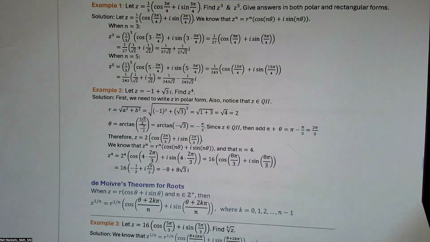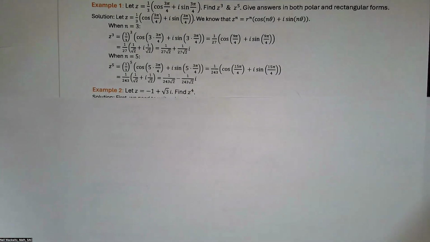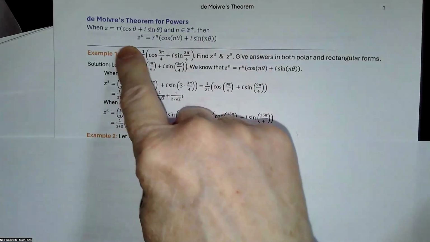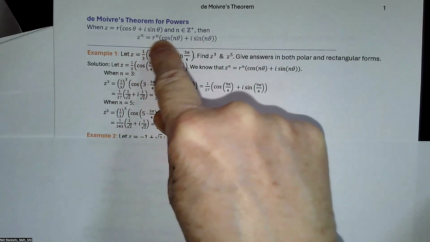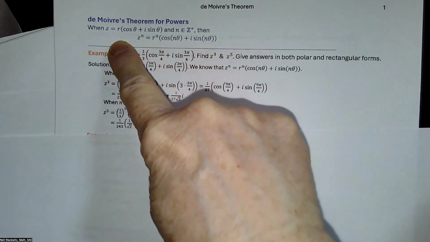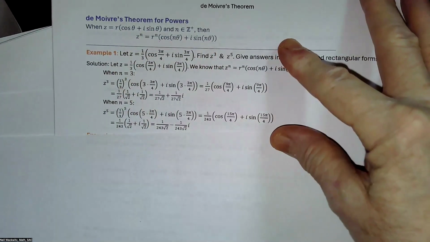So what if our original complex number is given in rectangular form rather than polar? Because de Moivre's theorem is based on a polar representation of the complex number.